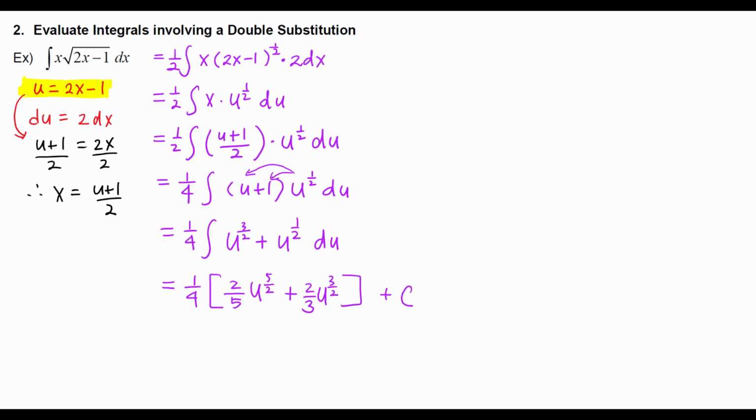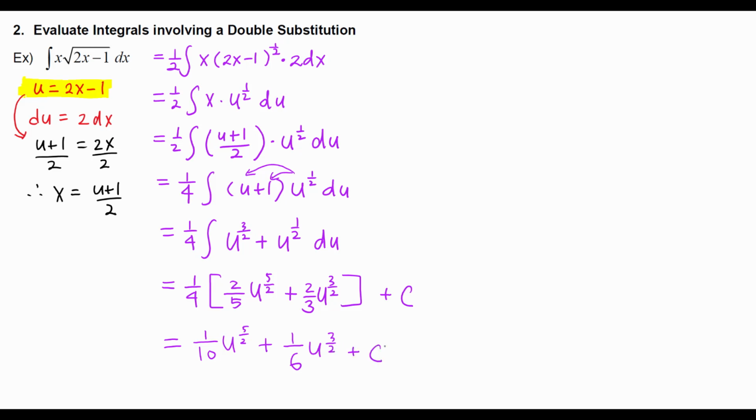So then you can go ahead and distribute the 1/4. So 2 and 4 cancel. So you're gonna get 1 over 10 u to the 5 over 2 power plus, 2 and 4 cancel, you get 1 over 6 u to the 3 over 2 power plus c.